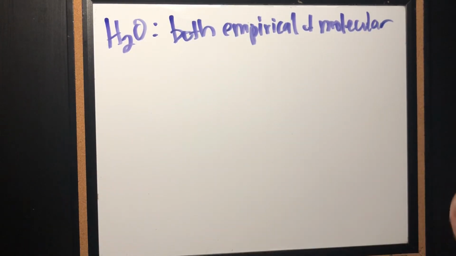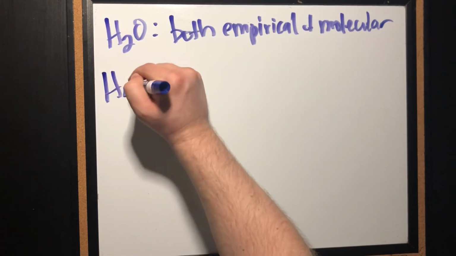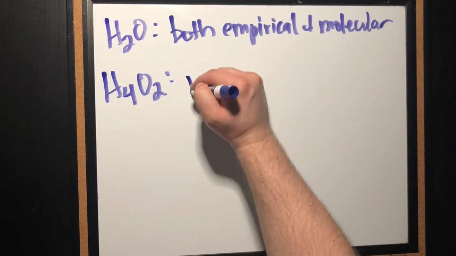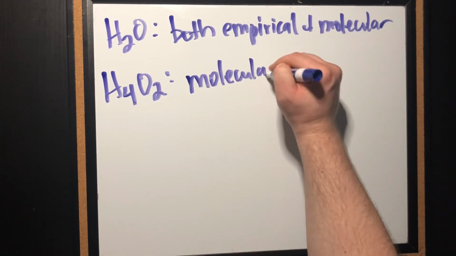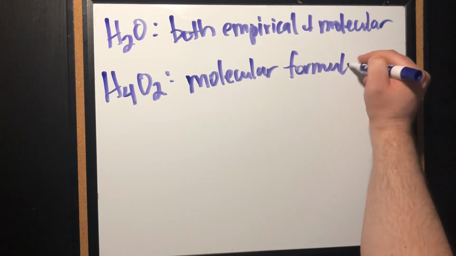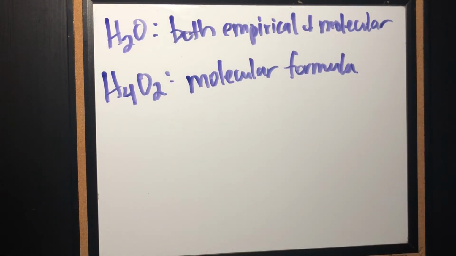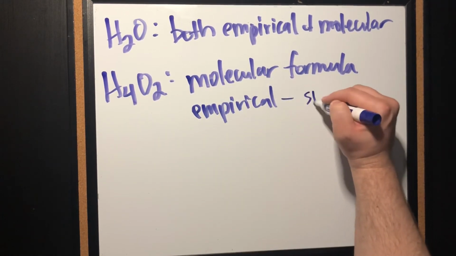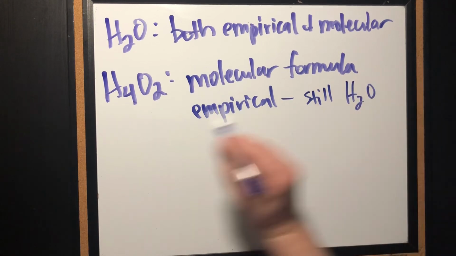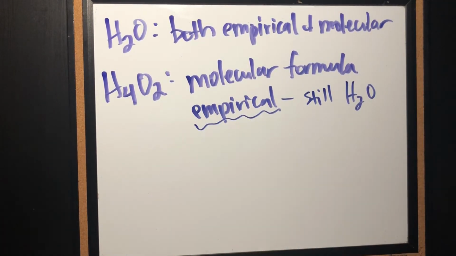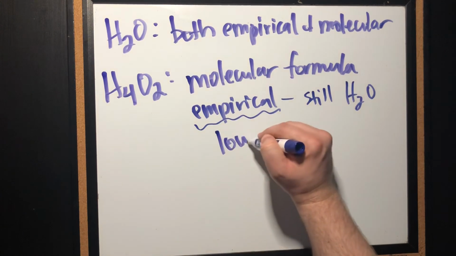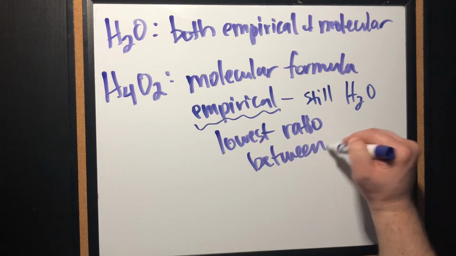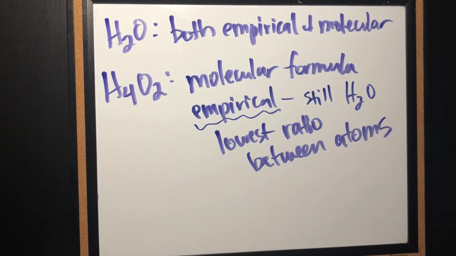If I had some made up compound like H4O2, let's say that was some other compound in the world, this would be its molecular formula. But H4O2, its empirical formula is still H2O, because empirical is talking about the lowest ratio between atoms.